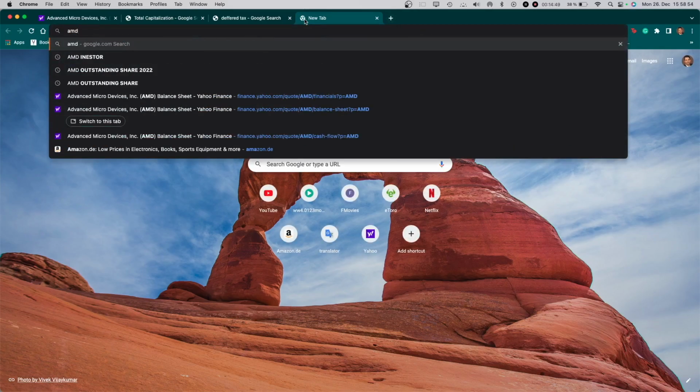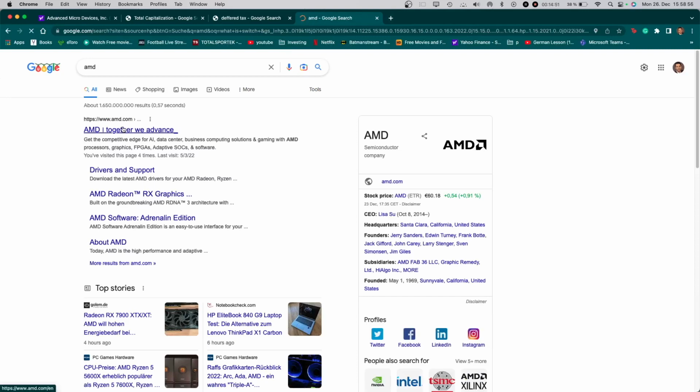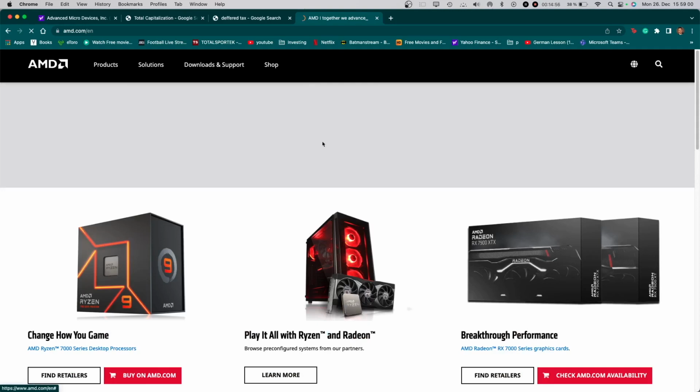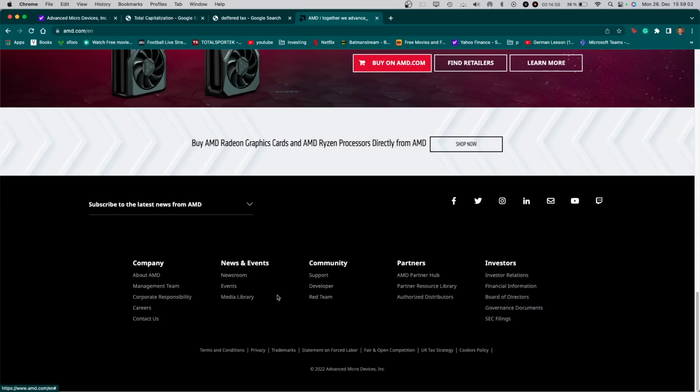If we search for AMD here, you could go to the AMD website, and here you could go to the website where you find the AMD investor information.